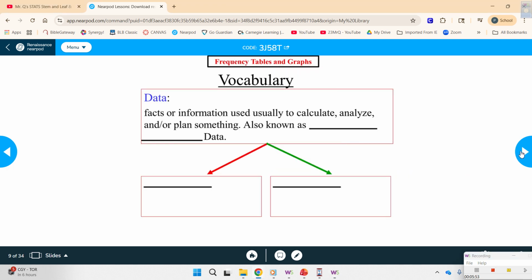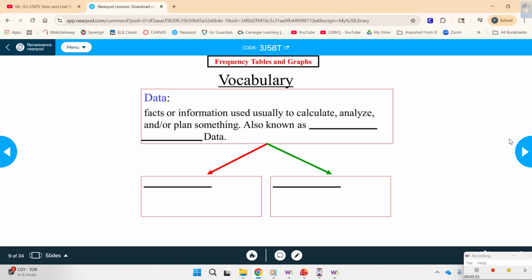Remind your neighbor the 2 types of data we've been collecting, please. What are the 2 types? All right, let's see. Jordan, what 2 types? Categorical and quantitative. That is correct.